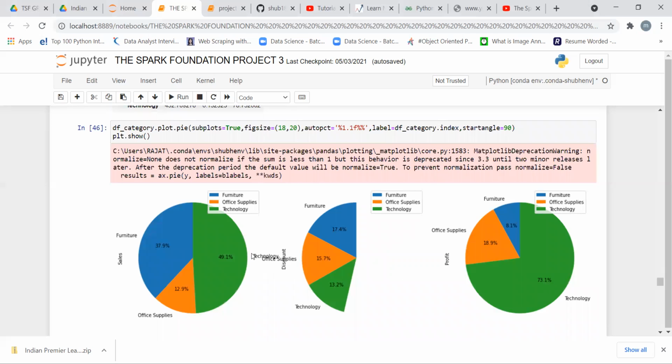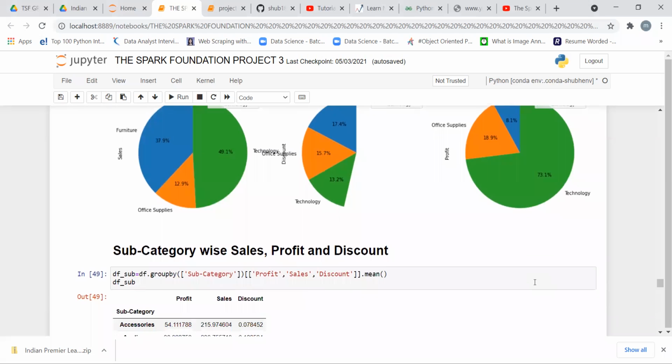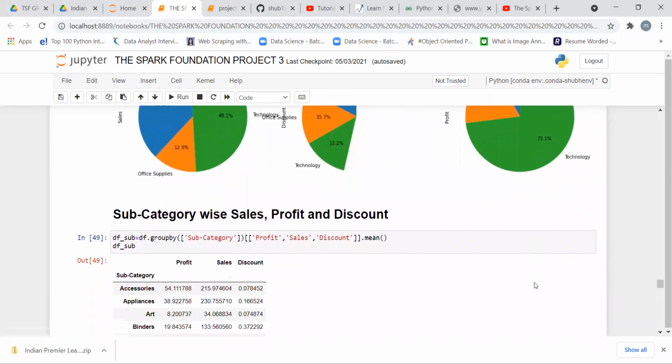Profit and sales are positively related to each other. If sales are increasing in the technology field, the profit margin also increases. So it is a positive relationship.